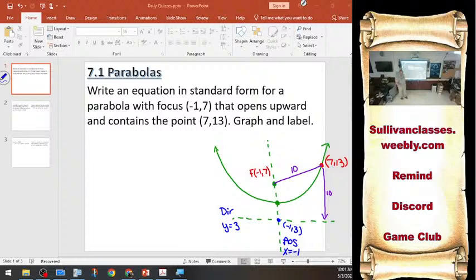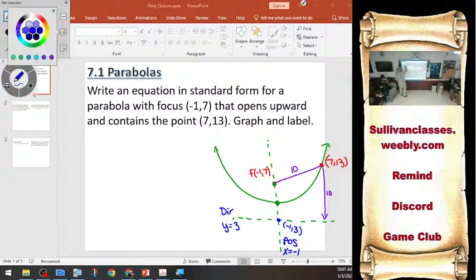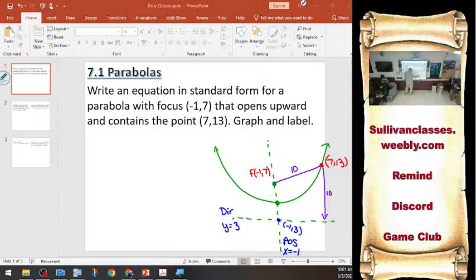Because halfway in between focus and that point is my vertex. Halfway between -1, 7 and -1, 3 is a vertex of -1, 5. It also tells me that I will go 2 units in both directions. It tells me how far I'm going to peek.